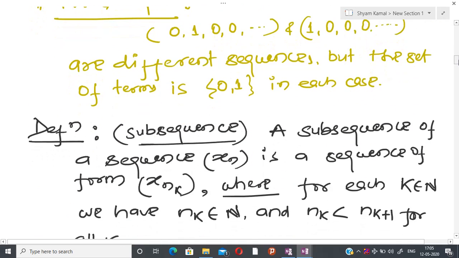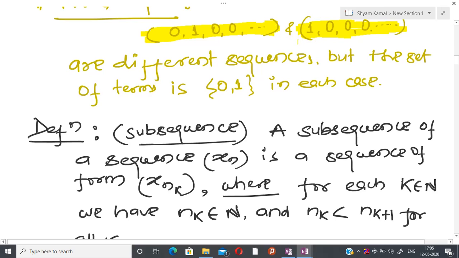For example, here I am going to take some quantity that is 0 1 0 0. In terms of a set, you can interpret that these two sets may contain an infinite number of elements, but it is just a collection of two terms, that is 0 1. So two arbitrary collections of 0 1.